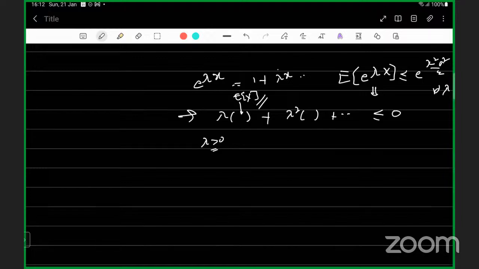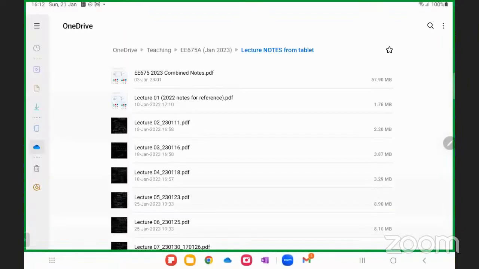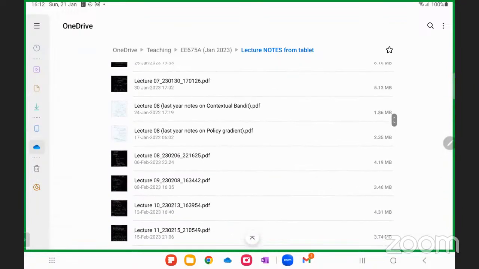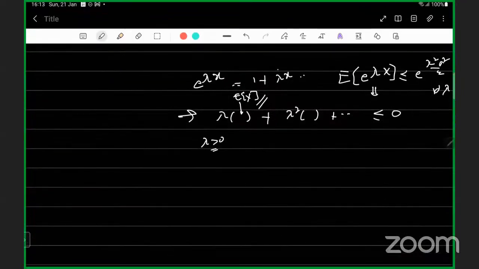So roughly the idea is like this. I can show you. Yeah, I got it. I used another method: I took the natural log and then used Jensen's inequality.